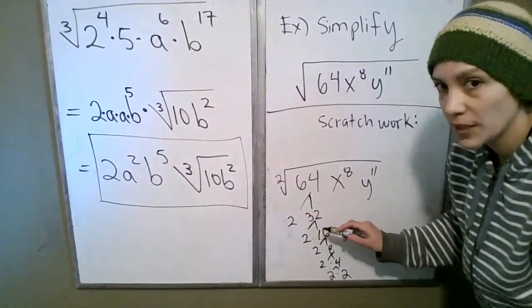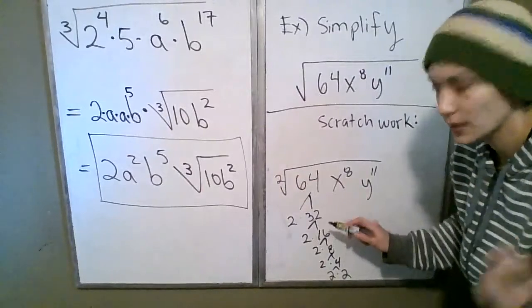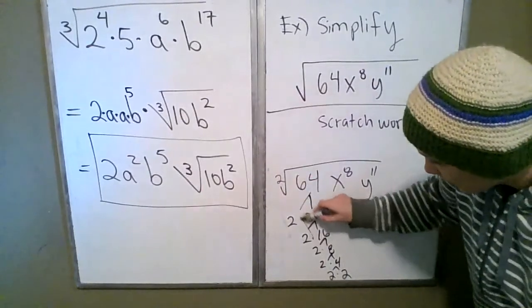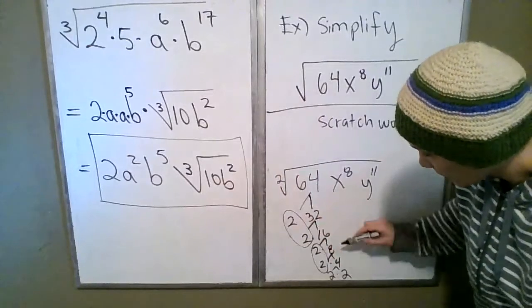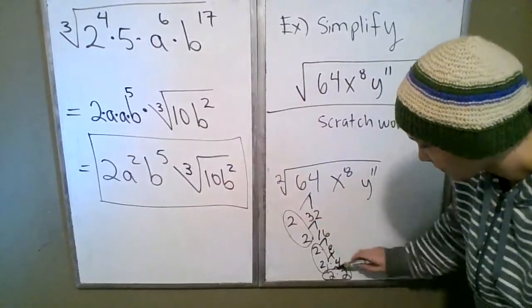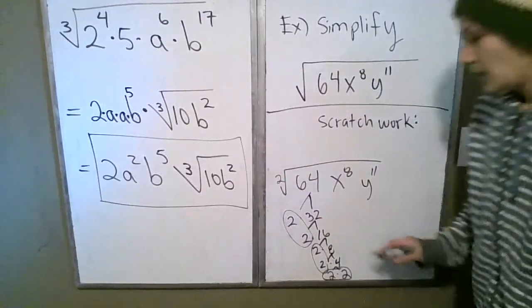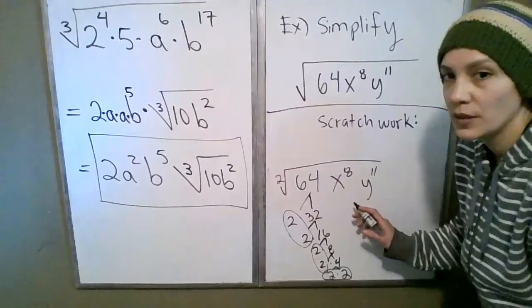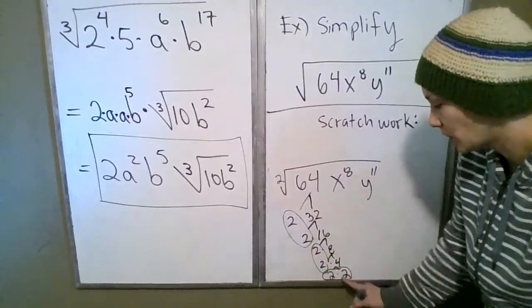So I'll be able to bring out pairs, or if I have 2 of the same factor, I can bring that number out. So I'll bring out a 2 and a 2 and another 2. So out of the radical, we'll have 2 times 2 times 2.